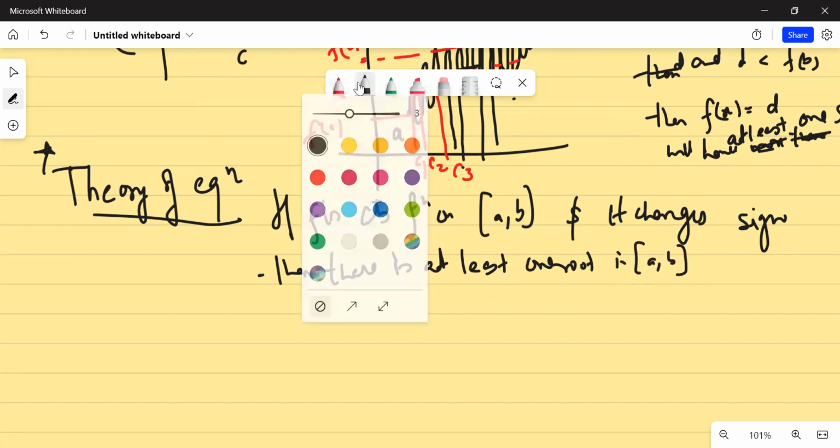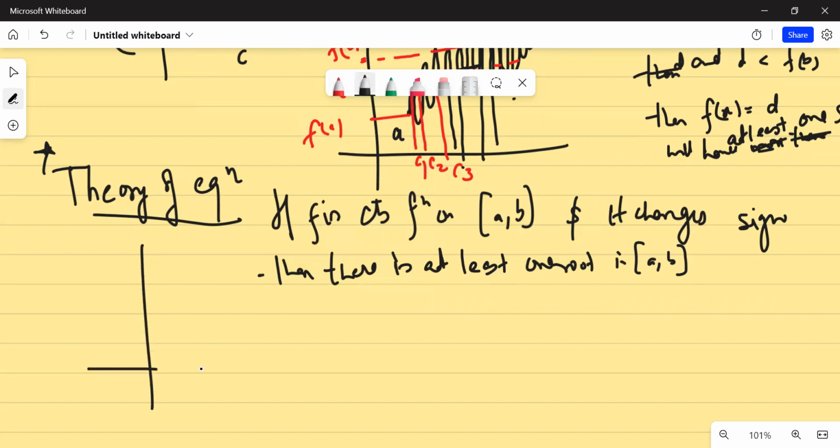So see, your function f is continuous on closed interval [a, b], and let's say it changes sign. On a very simple level, let's say f(a) is negative and f(b) is positive. Is that clear? So your function is changing sign. f(a) is negative, and f(b) is positive.